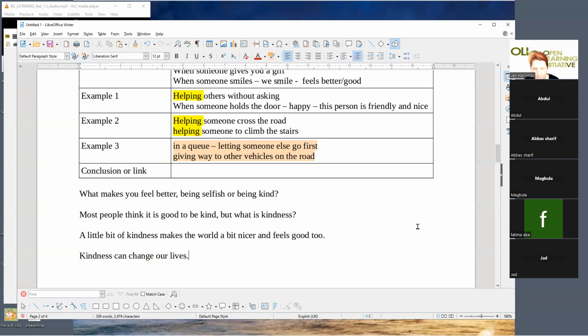Yeah. Or can change someone's life. Yeah. That's another way of starting this. Yes, it's a good statement. And then throughout your paragraph, you're talking about how all of these acts of kindness change people's lives. Exactly. Really good. That's very good.